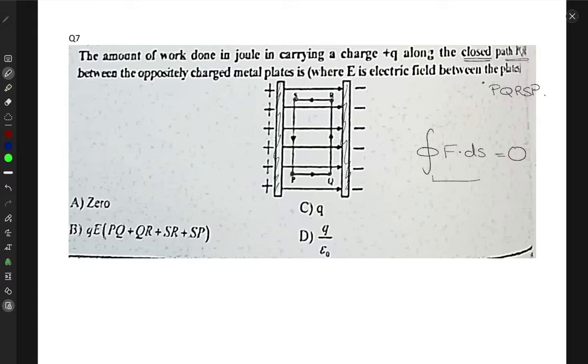And this closed integral of F dot ds is defined as the work done by a conservative field, which is going to vanish. Hence, the work done in joules would be 0, right? Because it's vanishing. Hence, the correct option is option A.